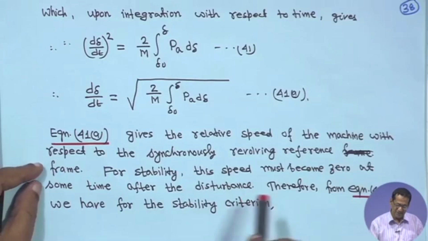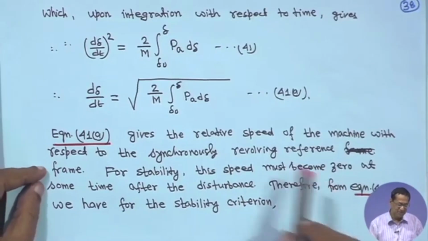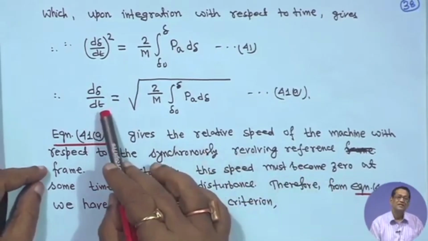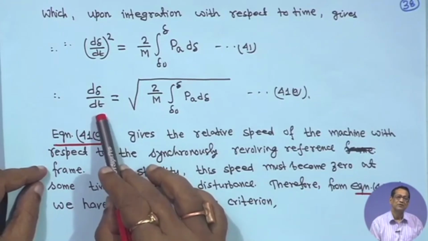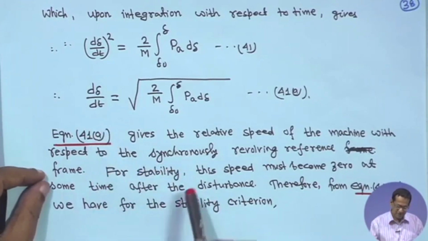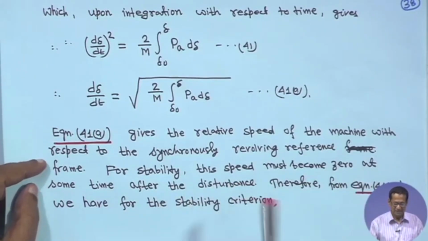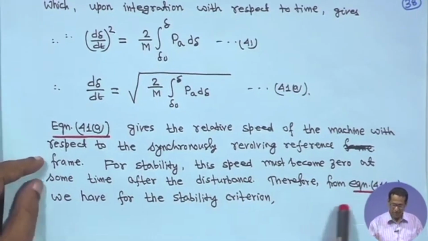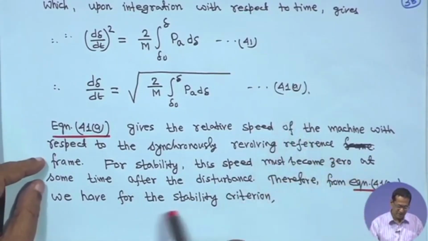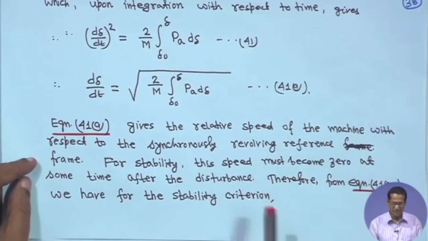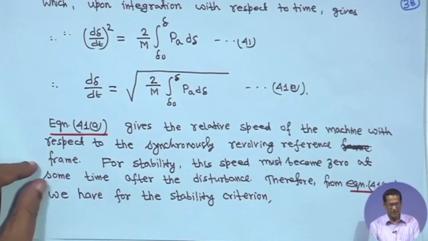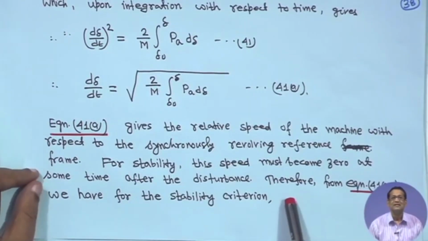For stability, the speed must become 0, that means dδ/dt must be equal to 0 at some time after the disturbance. Therefore, from equation 41a we have for the stability case, the speed must become 0 at some time after the disturbance.